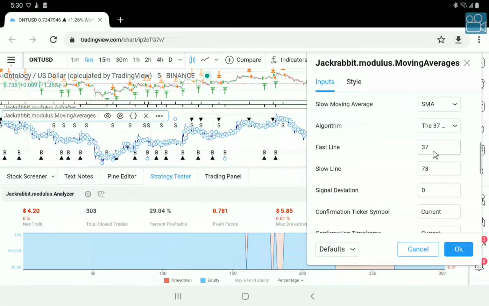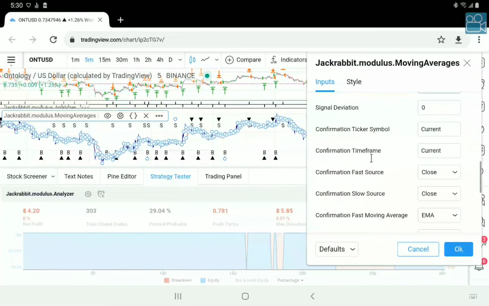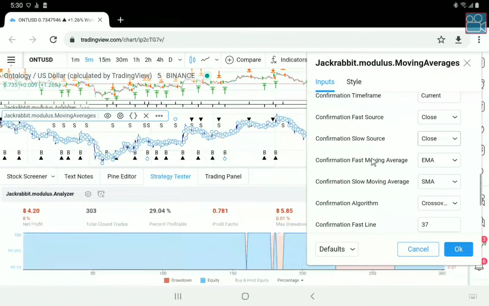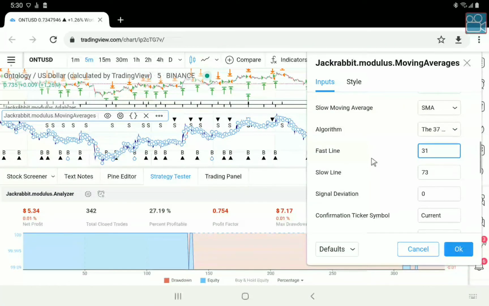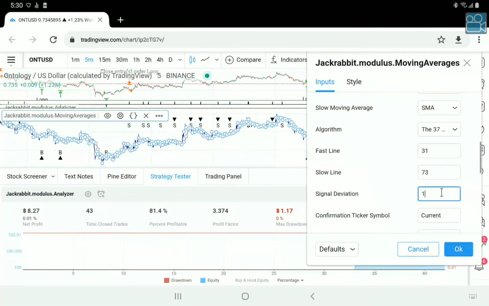Let's shorten this to 31. And let's put a signal deviation of 1. And it's only getting worse here. Okay, the signal deviation made a big difference.